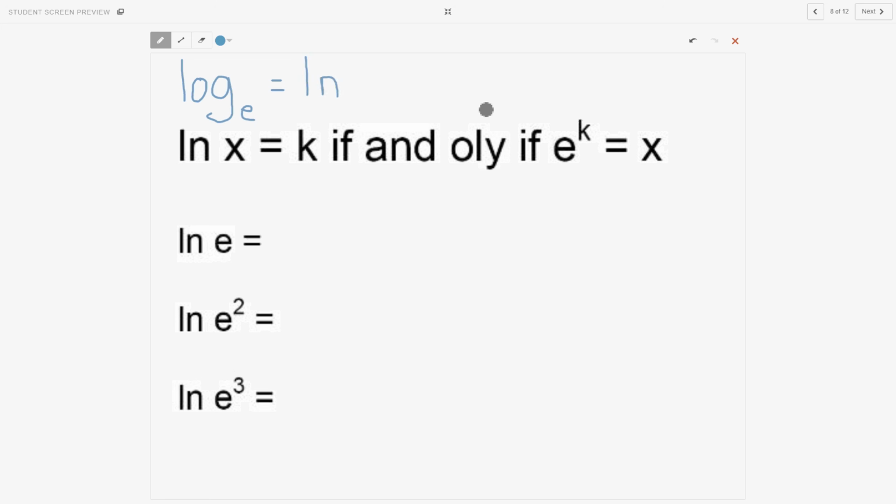We use ln, and we're not going to ever really write down what the base is. It's just understood that the base on all of those is e. And again, what they're trying to get you to realize here is the base of the natural log and the base of the exponent, or the power, cancel out, and the answer is the exponent. But just know, natural log, base e.